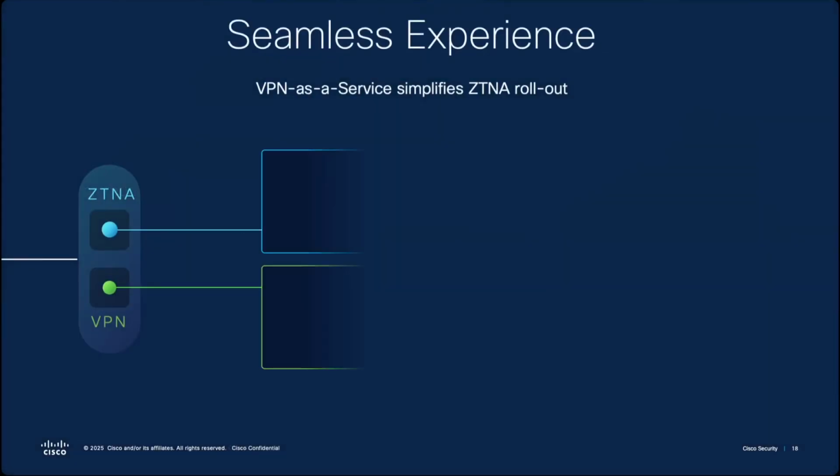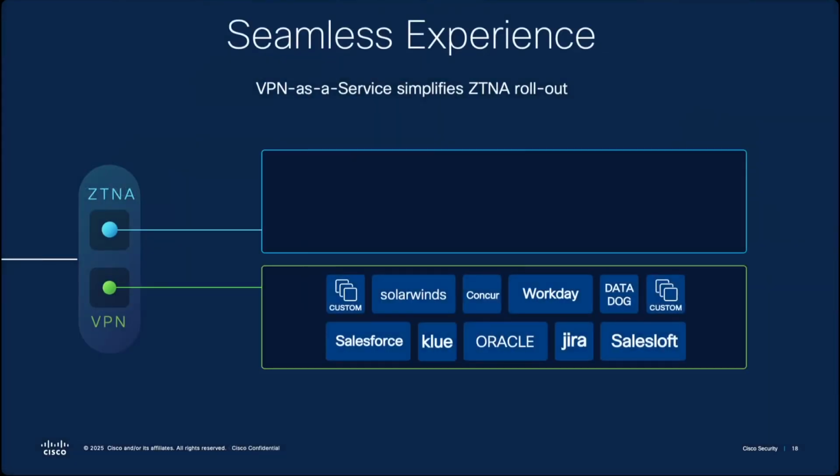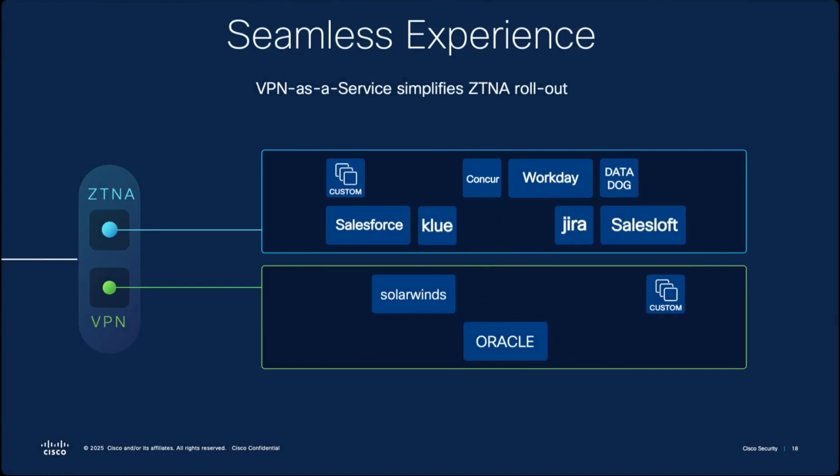Now, on the user side, the reason why this is so seamless is that, on day one, if you're able to move a lot of these applications and you're allowing access to some of them through VPN, you're then able to seamlessly migrate these applications from VPN to ZTNA over a period of time, but the end user has no idea that these actually moved from VPN to ZTNA.